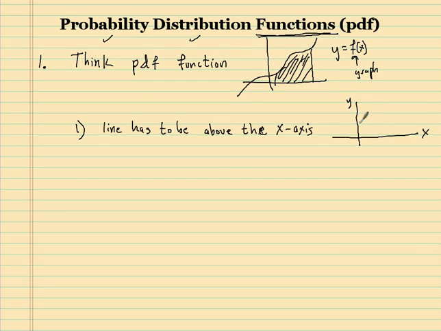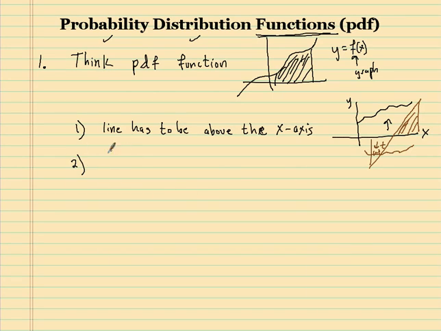In general, we want this line to be up here somewhere. We can't have it down here. If it starts here and goes up here, we're only interested in this part right here and not this part. Okay, so that's the first thing that has to be true.